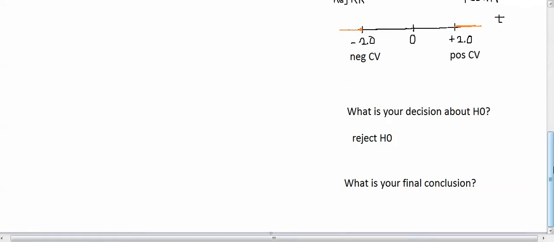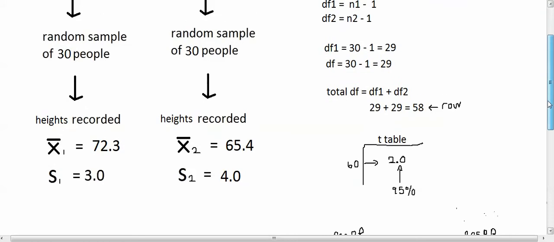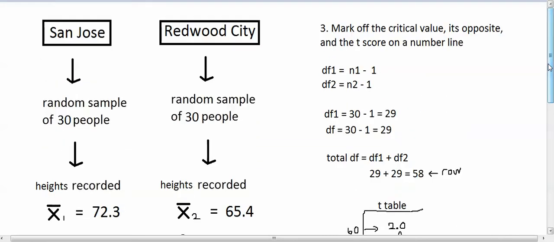So we're in the positive rejection region, so our conclusion is the mean of population 1 appears to be higher than the mean of population 2. Which in our situation would mean that we think that the mean height of San Jose is higher than the mean height of Redwood City.